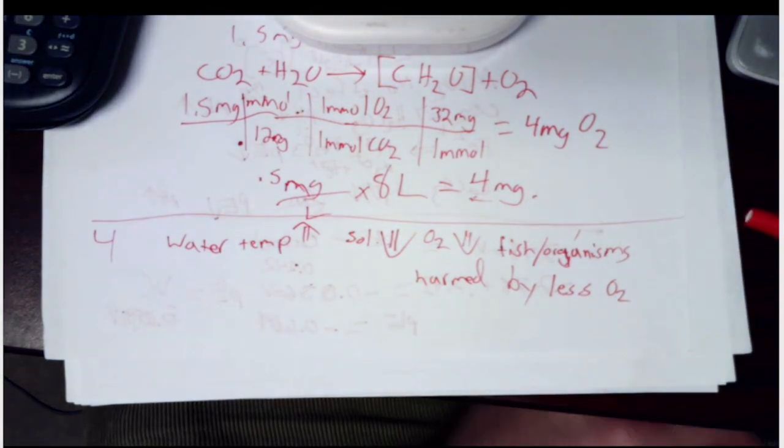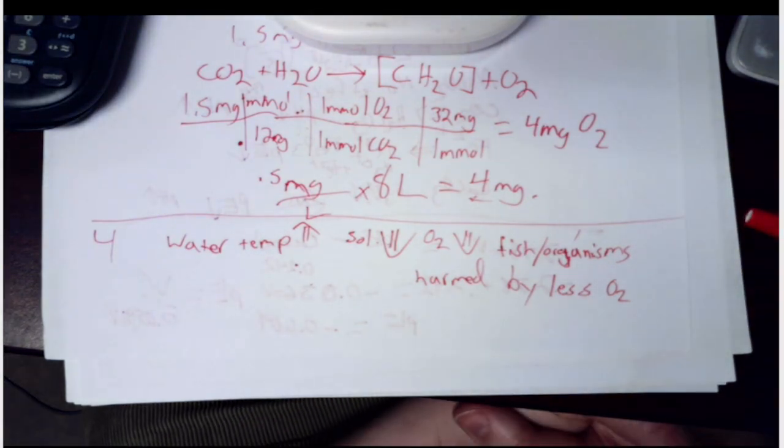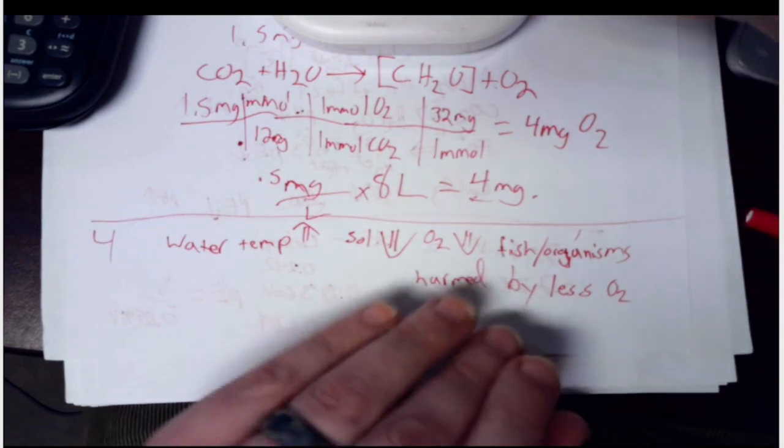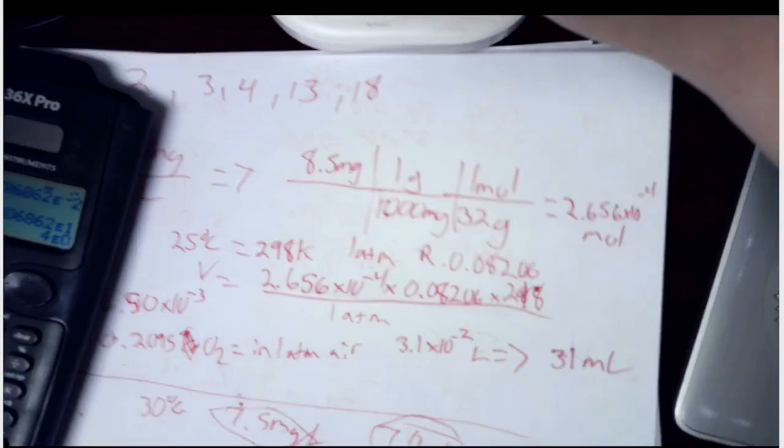It's a thought process of temperature having an opposite effect on solubility. As temperature goes up, solubility goes down, and so a lot of other species are going to have trouble breathing because of that. So jumping straight to problem 13.